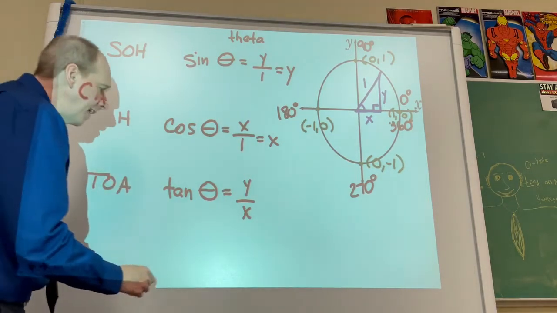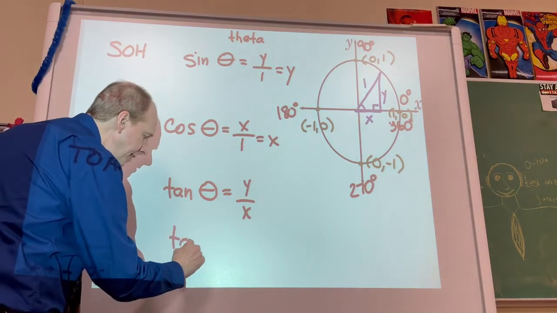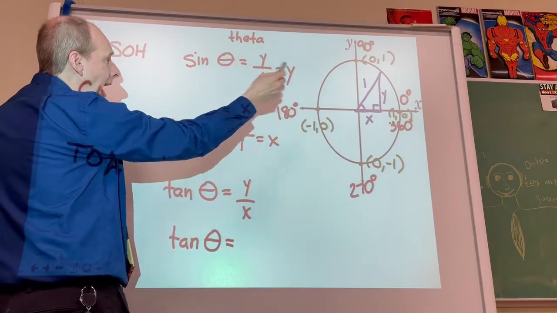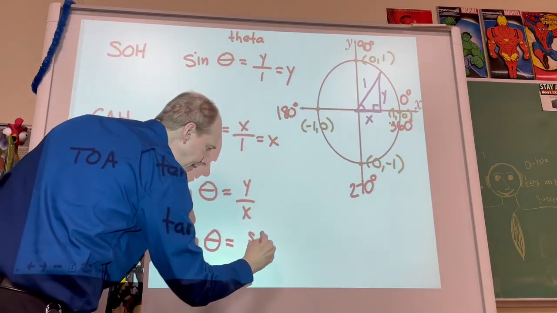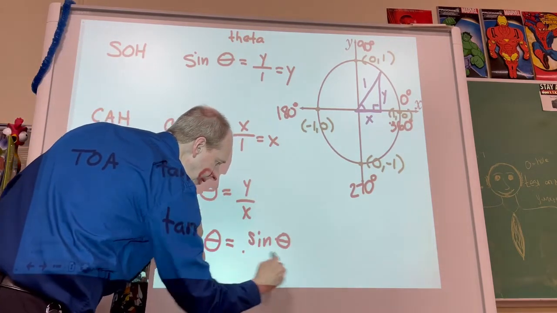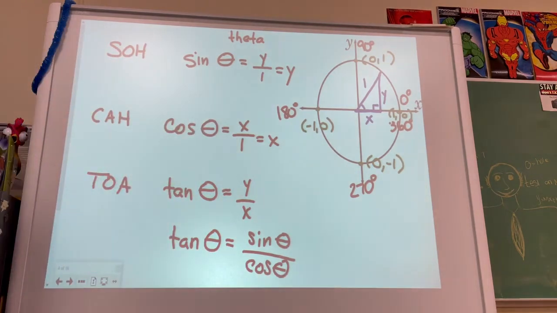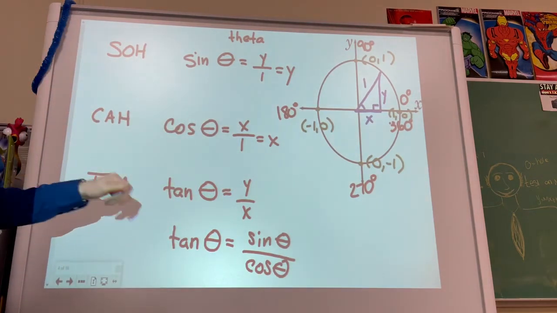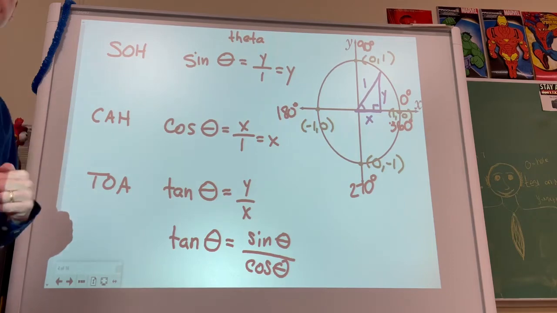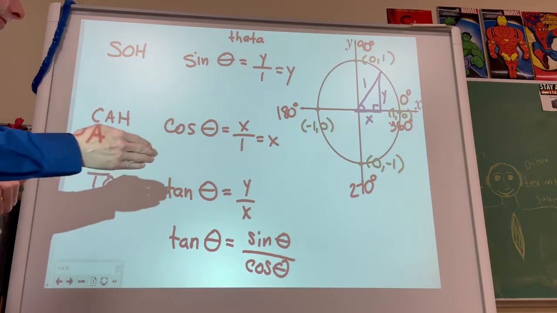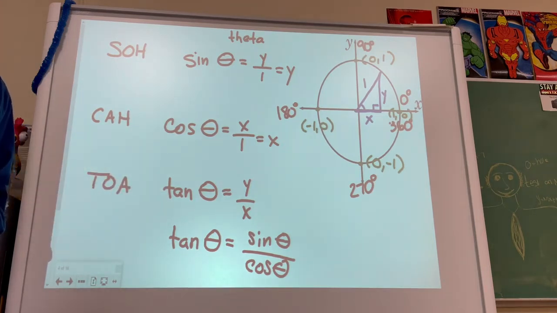So another way to think about this, we can say that tangent of theta is equal to our sine of angle theta divided by our cosine of angle theta. We use that one a lot. Okay? If we can find our answer for sine and our answer for cosine, we just divide the two, we have our answer for tangent.